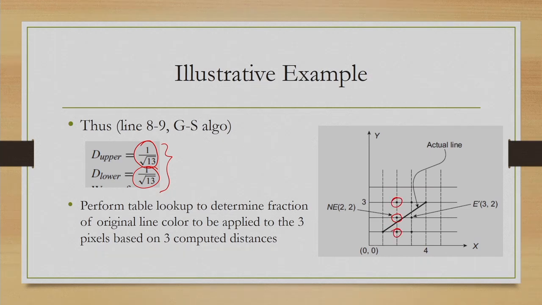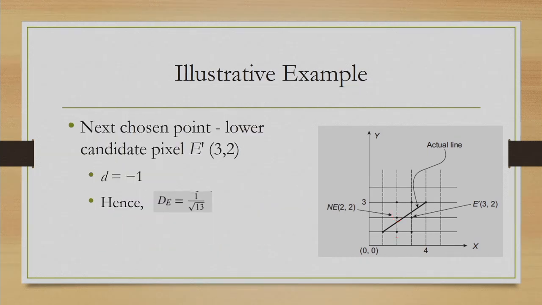Now, we use the table to determine the fraction of the original line color to be applied to the 3 pixels based on the 3 computed distances. That is for NE. Now, for E dashed we have these 2 neighboring pixels and the chosen pixel E dashed.